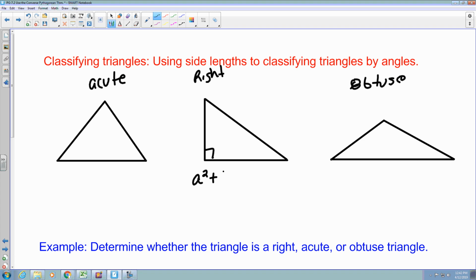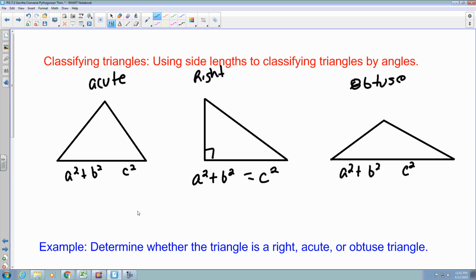A squared plus b squared is going to equal c squared. We use that one all the time. We are also going to use a squared plus b squared and c squared for both obtuse and acute triangles, but we're not going to use the equal sign now. We are going to use an inequality.